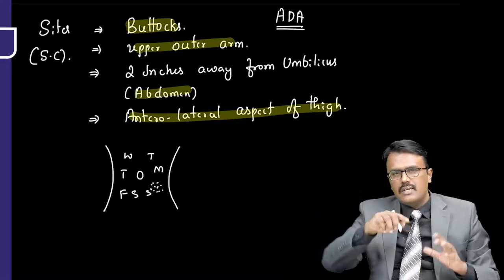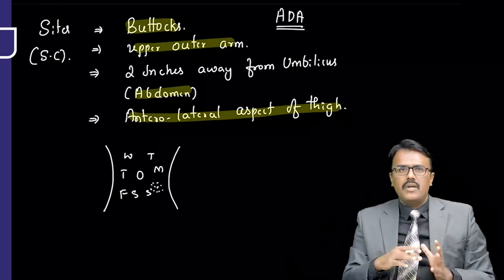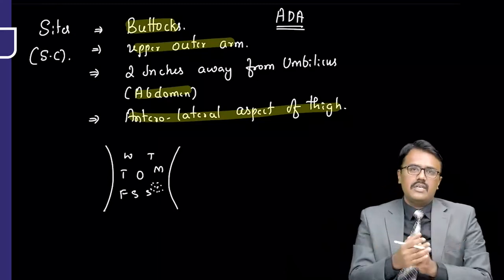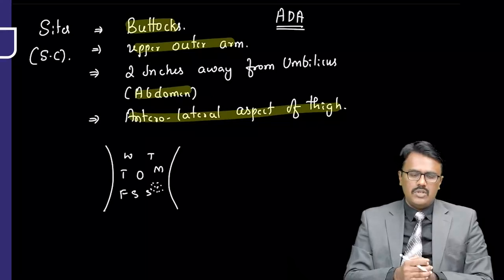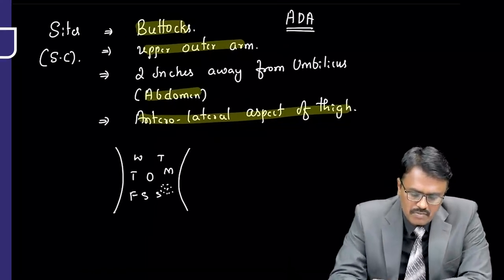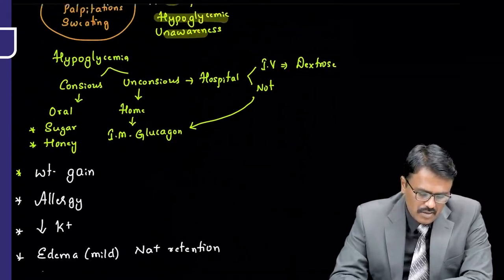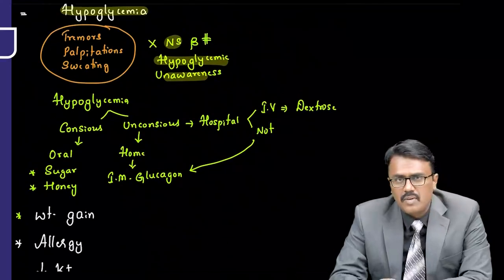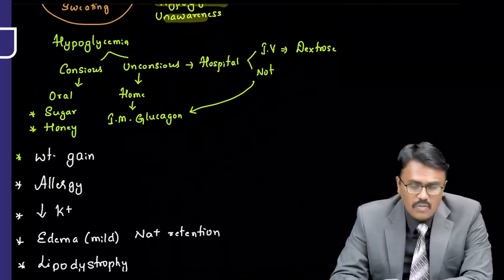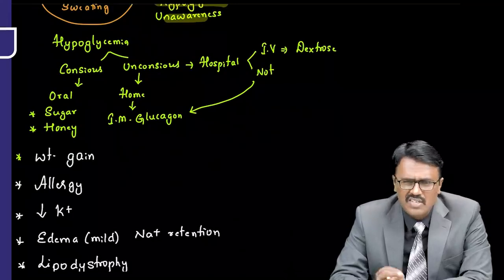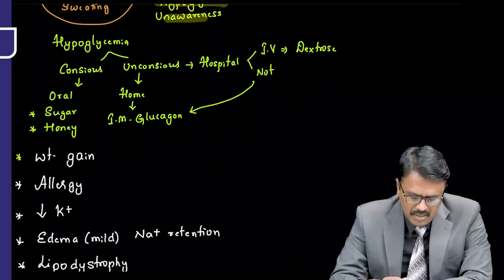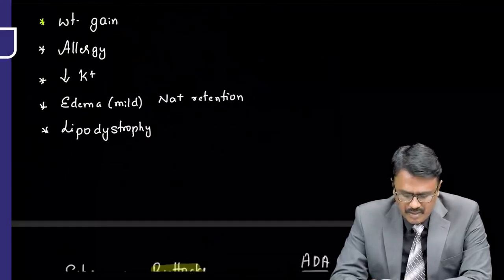If you rotate the site, this problem will not happen. Not only in the abdomen area, you can rotate among whatever sites we have shown in the slide. So this is the problem called lipodystrophy. We understood the adverse effects of insulin. Let me repeat: the major adverse effect is hypoglycemia, and I told you how to manage that. Weight gain, allergy, not seen nowadays, hypokalemia, edema, and lipodystrophy.